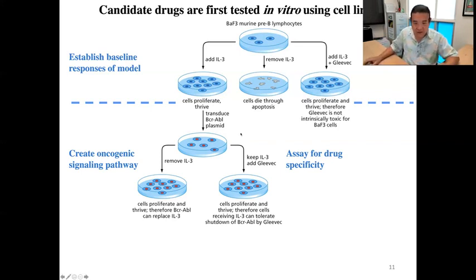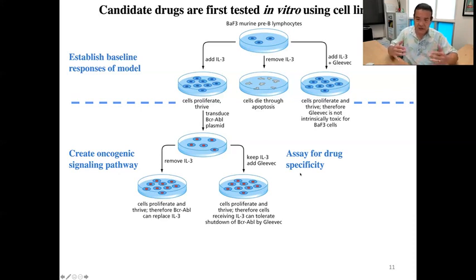You can also show that if you keep the IL-3 in there and you add Gleevec to them, right, then even if the BCR-ABL part gets stopped by the Gleevec, the fact that you're giving them IL-3 keeps them growing. Right? So in this step, what you're looking for is drug specificity, right?